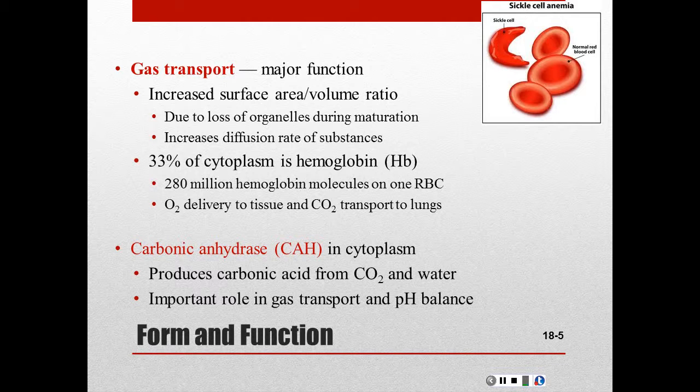Hemoglobin transports oxygen and also aids in the transport of carbon dioxide and the buffering of pH. The cytoplasm also contains carbonic anhydrase, an enzyme that catalyzes the reaction changing carbon dioxide to bicarbonate in the presence of water.